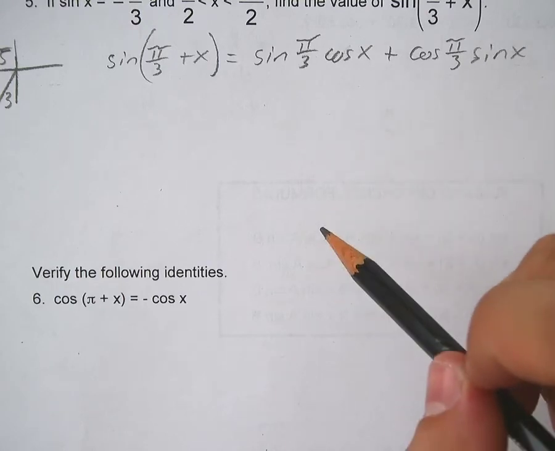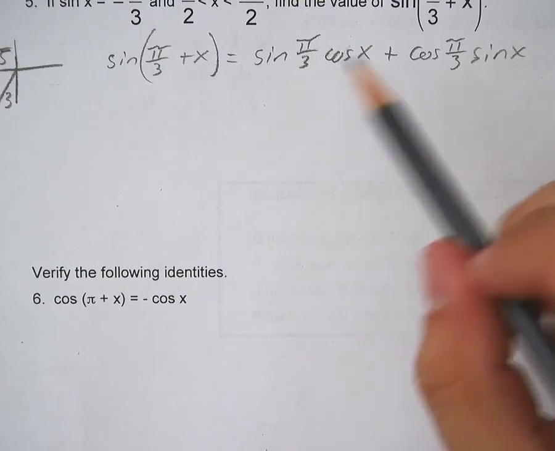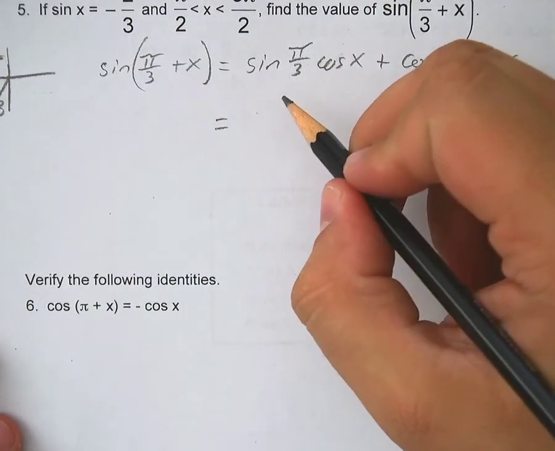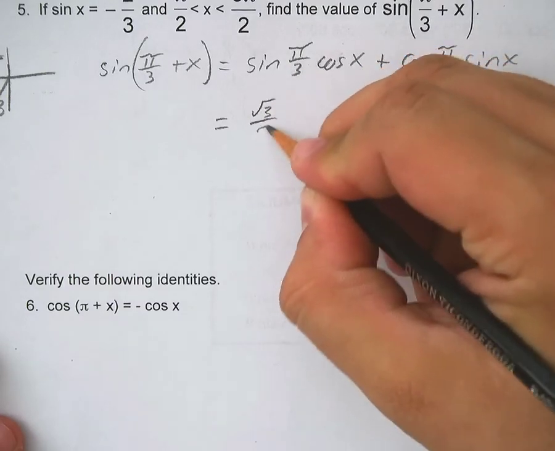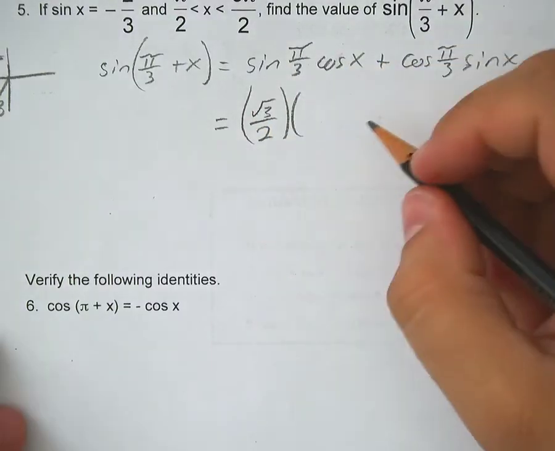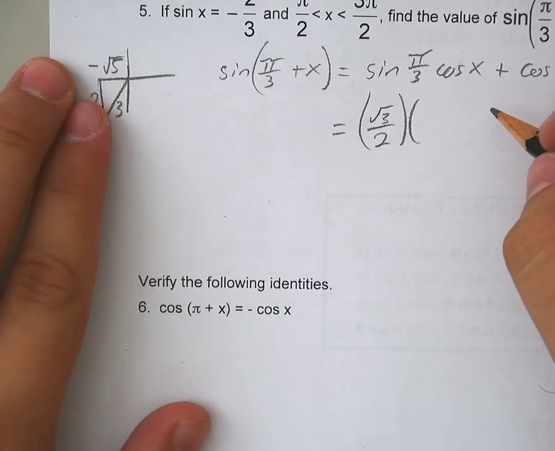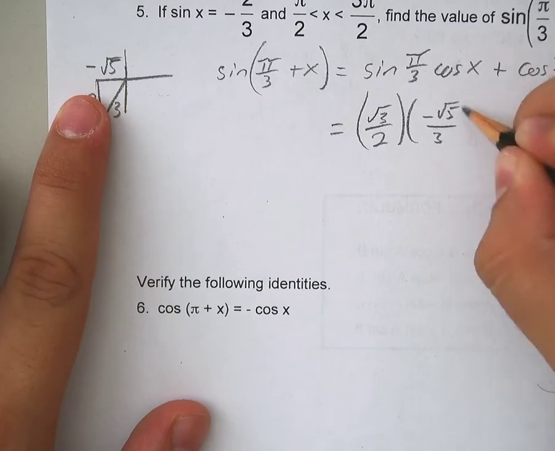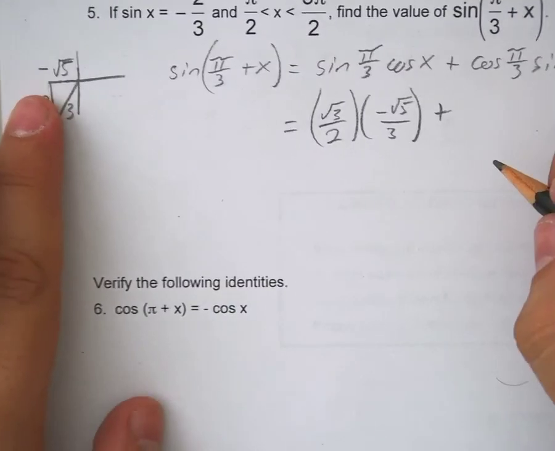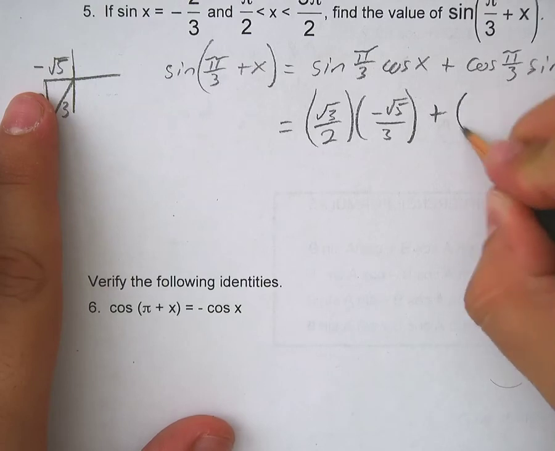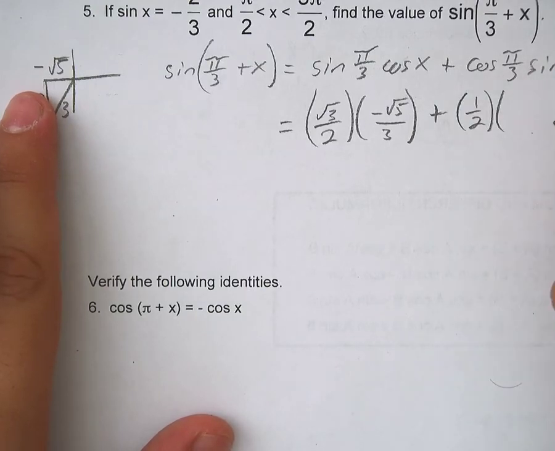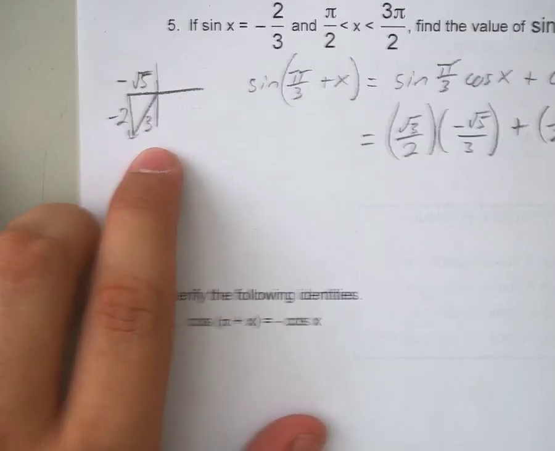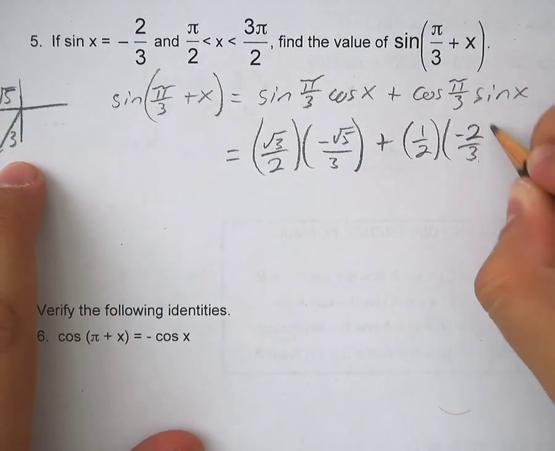So first and foremost, it's going to be equal to sine of pi over 3, square root of 3 over 2, from the unit circle, times cosine of x, which is negative square root of 5 over 3, plus cosine of pi over 3 on the unit circle, which is 1/2, times sine of x, which is negative 2 over 3. It told me right up here.